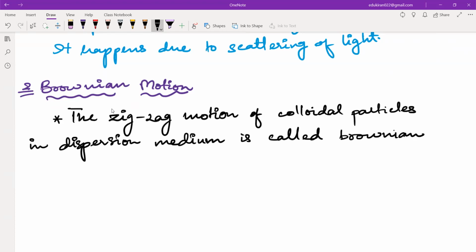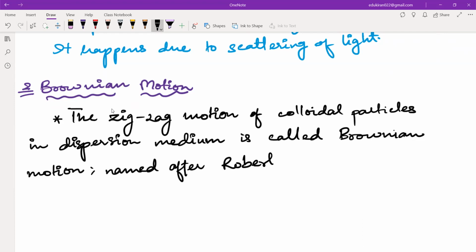Brownian, with a capital B. Okay, Brownian motion, named after Robert Brown. This is Brownian motion. Okay. So that is it in surface chemistry.